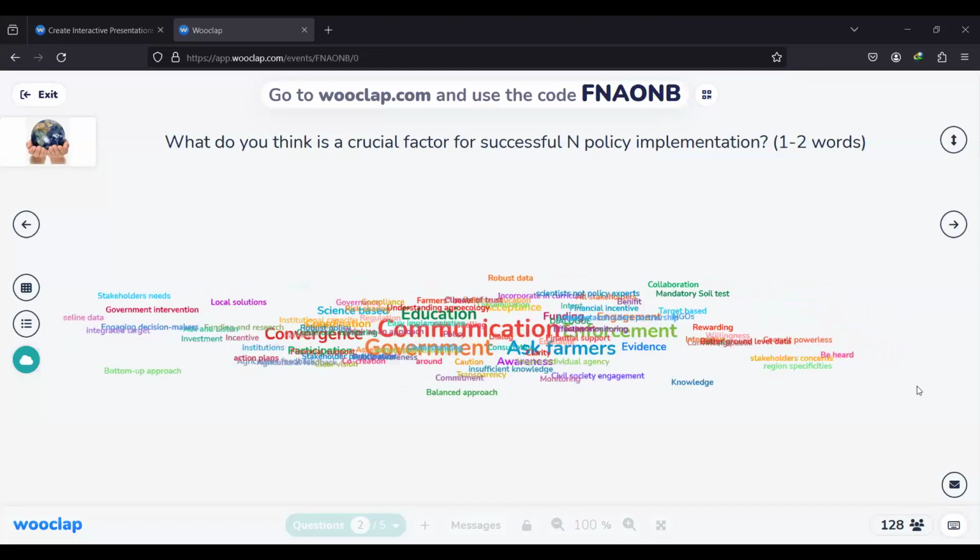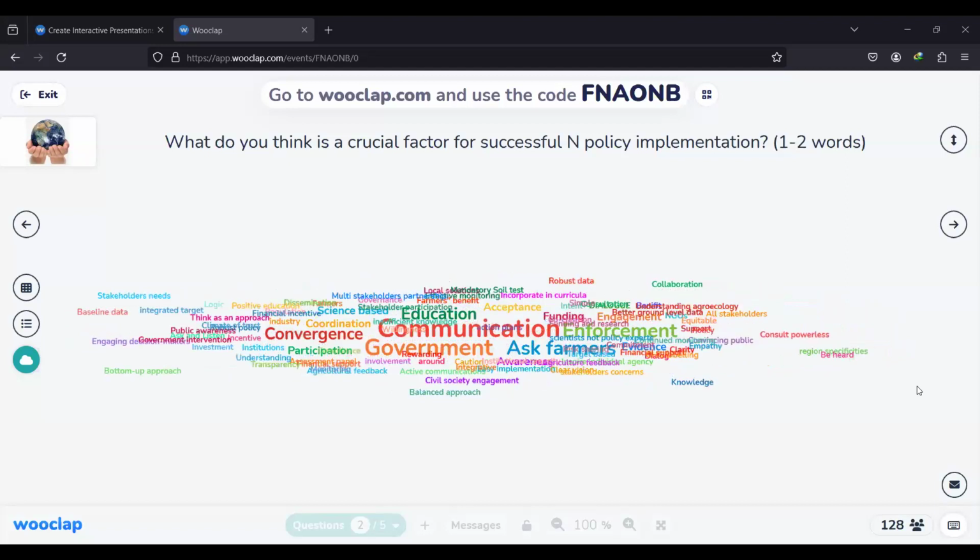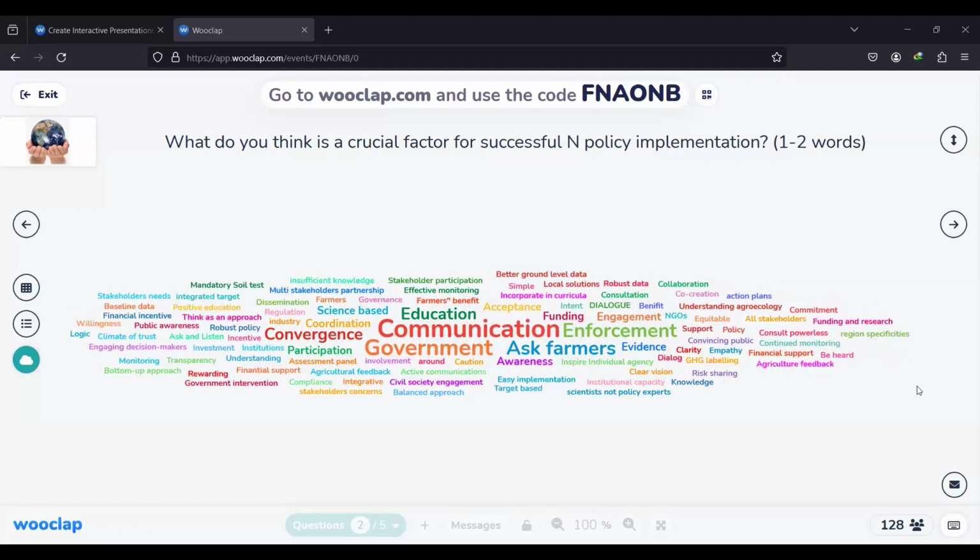Then in 1985, three scientists found the ozone hole above the South Pole. That got international attention. Two years later, the international convention on the protection of the ozone layer was set up, and it became one of the most successful stories. So scientists play a very important role in environmental protection.